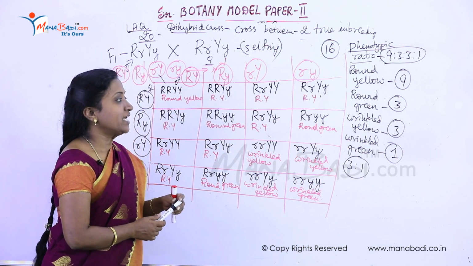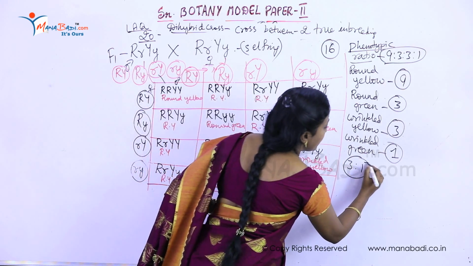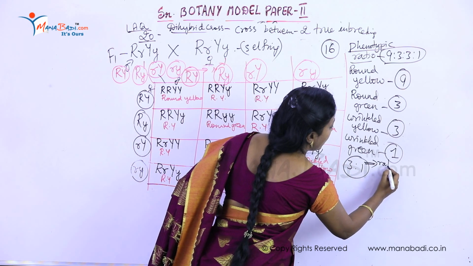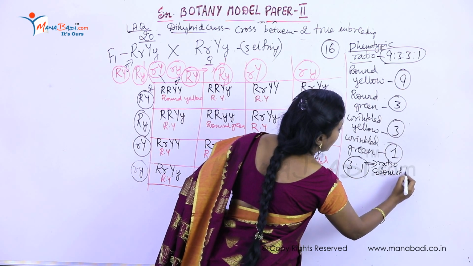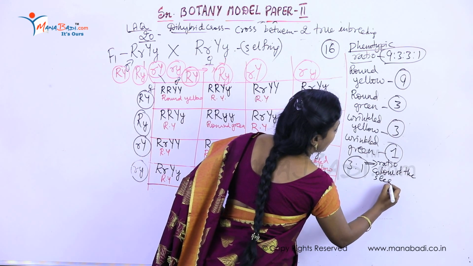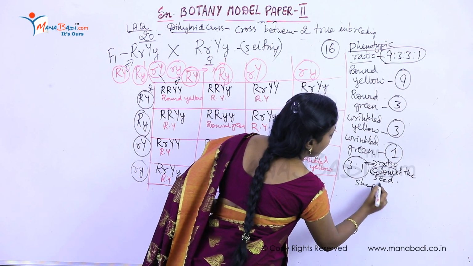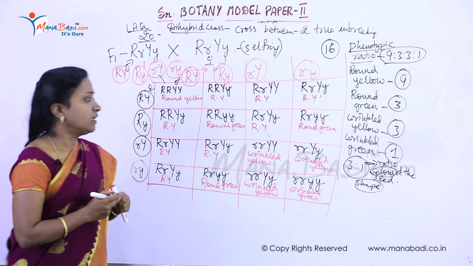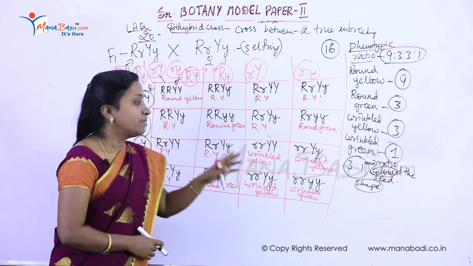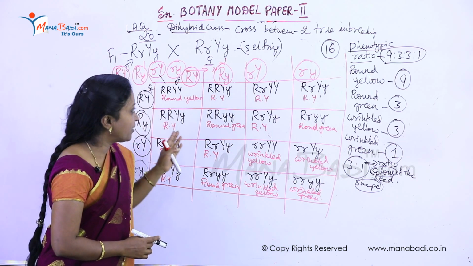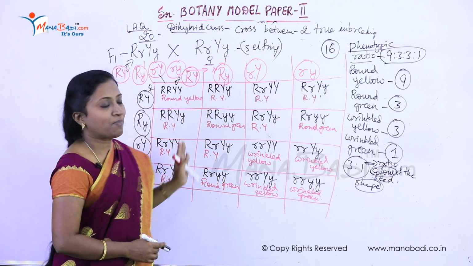This 3:1 ratio denotes the color of the seed, and not only the color of the seed, but also the shape of the seed. For example, how many yellow seeded plants are there?